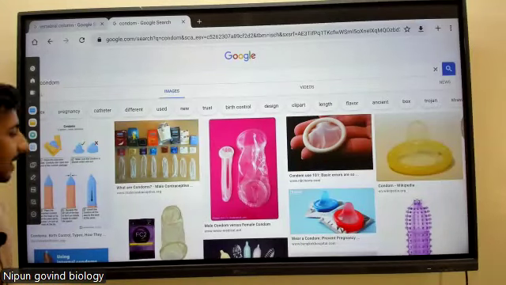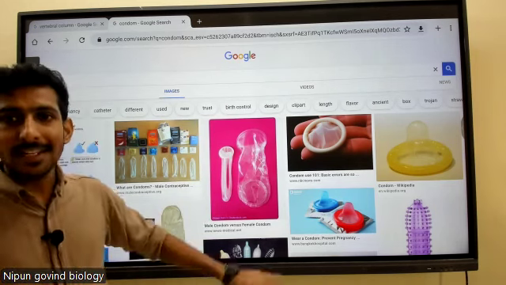Guys, listen. This is the female condom that is inserted into the vagina.